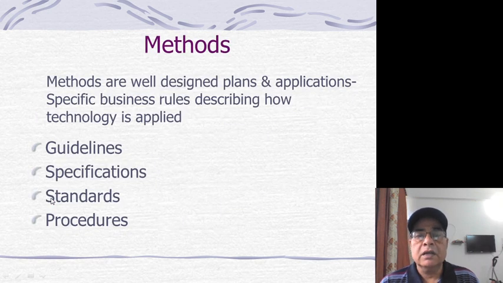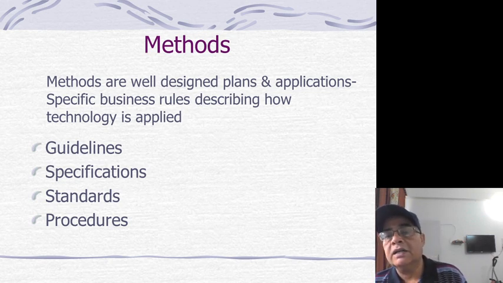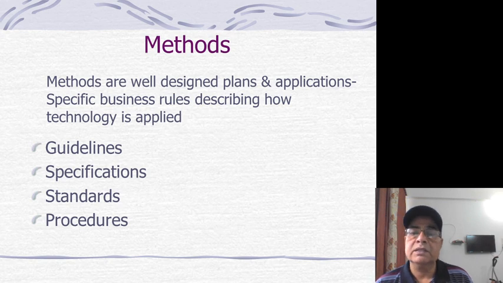And the next is the methods. Whenever we are using a particular tool, you must have certain guidelines, certain specifications, certain standards to be met, certain procedures to be followed. So the methods are a combination of these four components: guidelines, specifications, standards, and procedures. When we adhere to these, it is very, very important for the accuracy of the outputs.